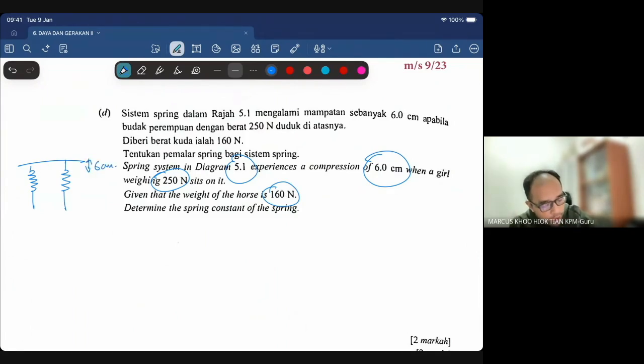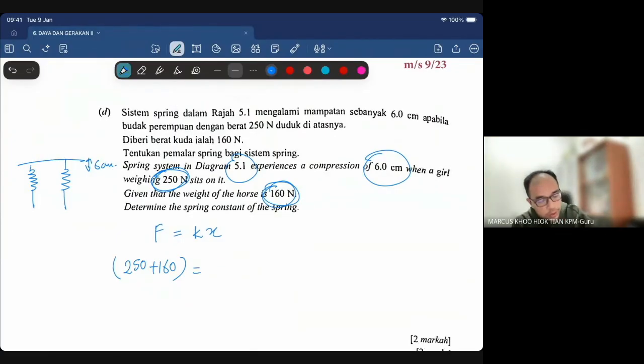We have F equals Kx, and our total weight is 250 plus 160 equals K times the compression, which is only 6 cm. Since the total compression is already given, there's no need to times 2, because you're already considering the entire system.